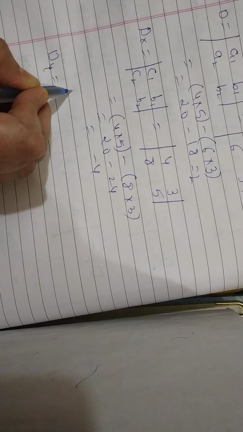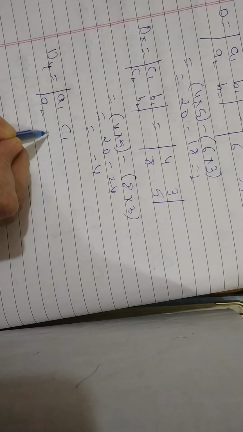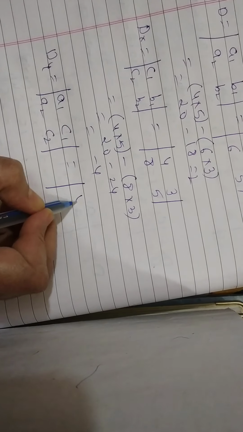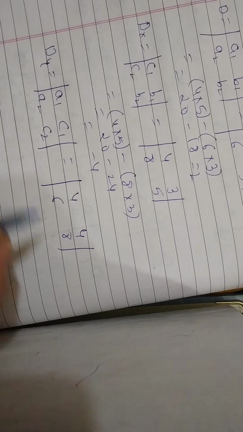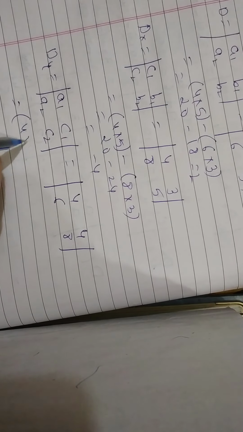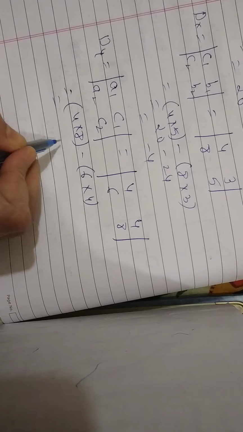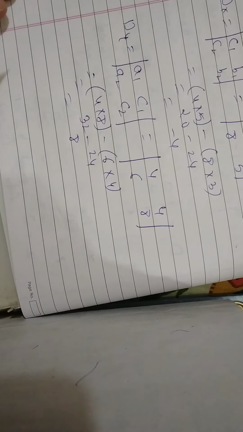Dy is A1, A2, C1, C2. A1, A2, 4, 6. And C1, C2, minus 4, 8. 4 into 8 minus 6 into minus 4. 32 minus of minus 24. This will be 8.